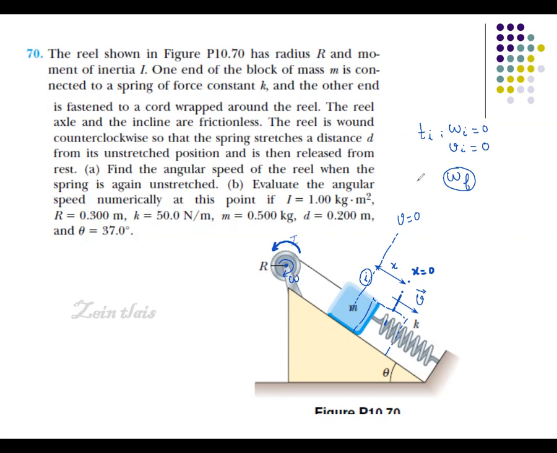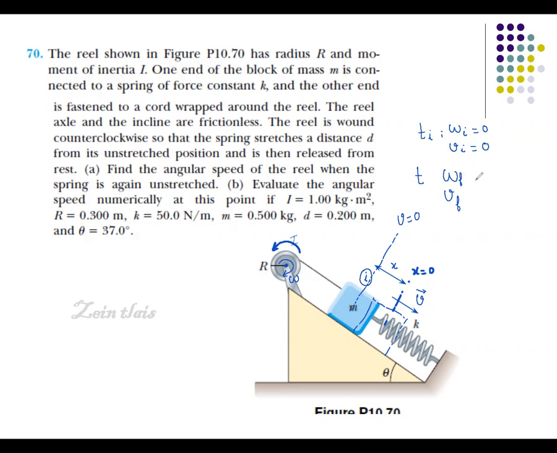So at time t, the pulley has an angular velocity omega and the block has a velocity v, omega final and v final. I need to calculate omega of the system.